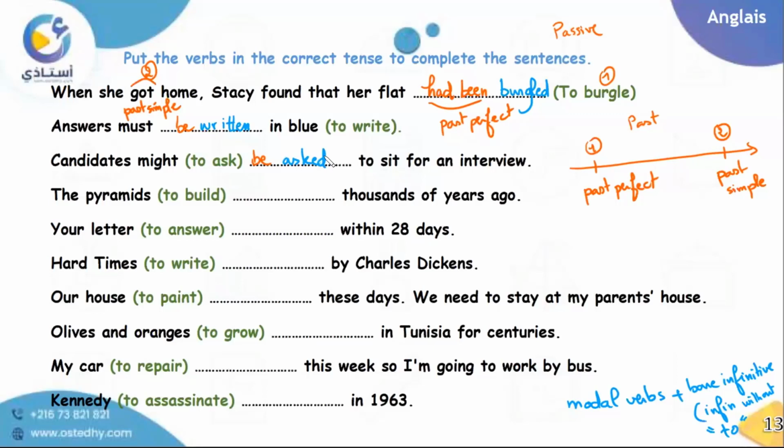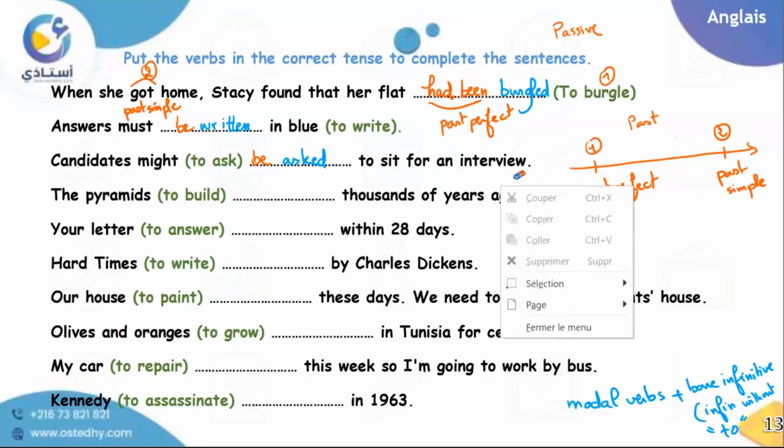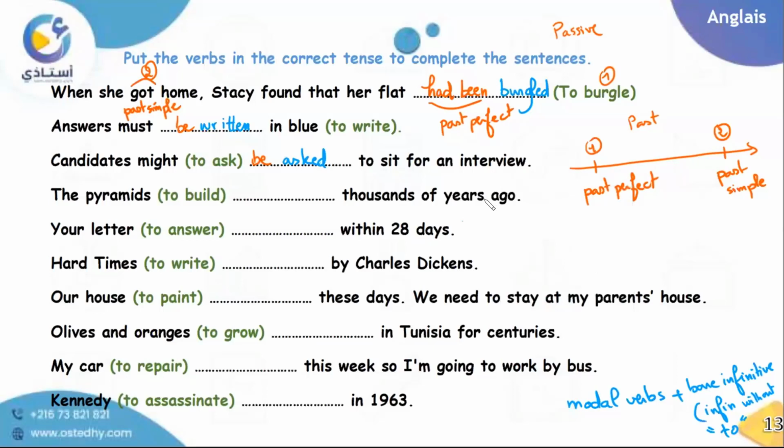Now, the pyramids, thousands of years ago. Whenever you see ago, it's a signal word for the past simple. Ago is the signal word for the past simple. You need to get that.